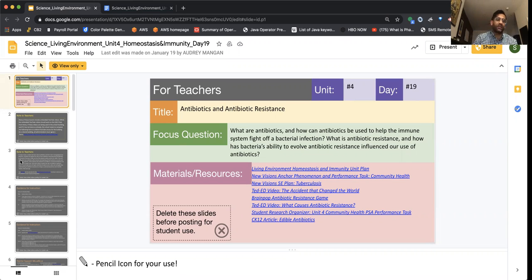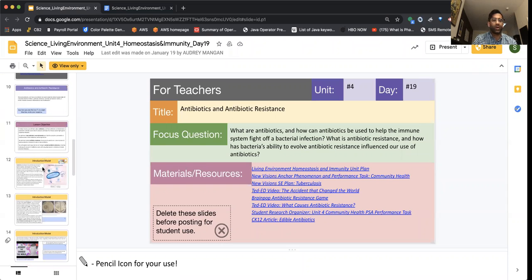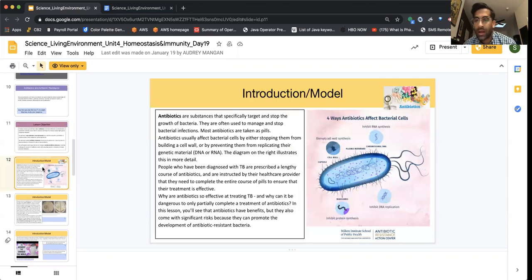First things first, we want to talk about how a bacteria cell replicates and how antibiotics prevent that from happening. It replicates normally by copying its DNA and then dividing. So it's got an extra copy and it divides in half, and then it passes on the new copy of the DNA into that new cell.